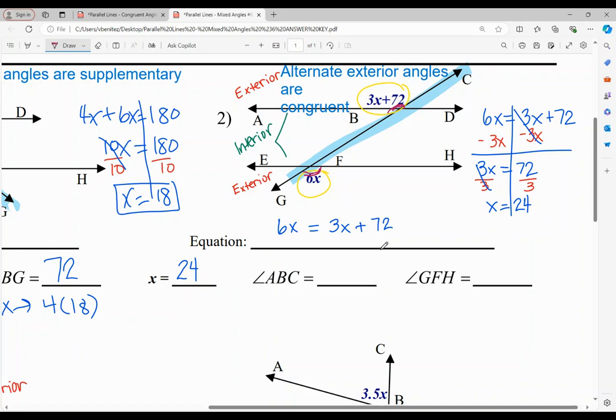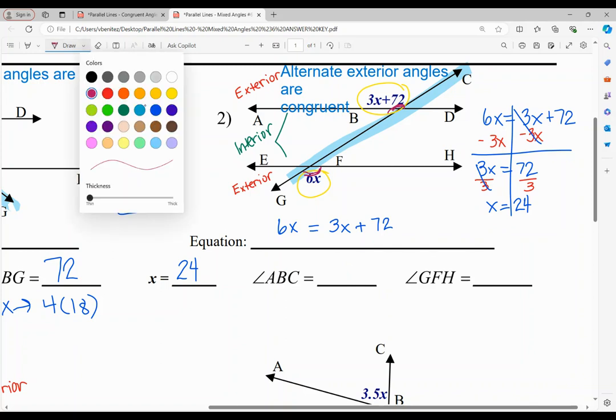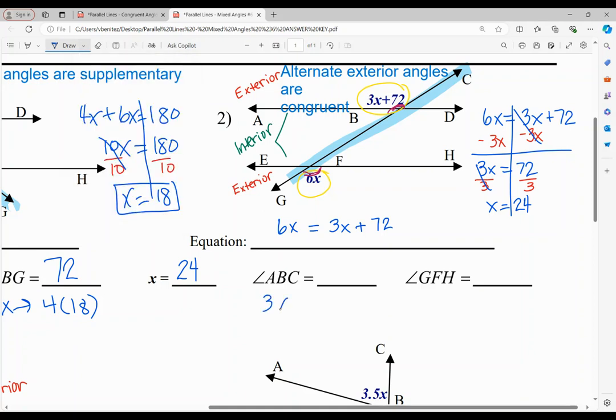Again, to find the angle measures that are being identified, angle ABC, if we look at the diagram carefully, we notice that that angle, so we have A over here, B, and C, this one is the 3x plus 72.